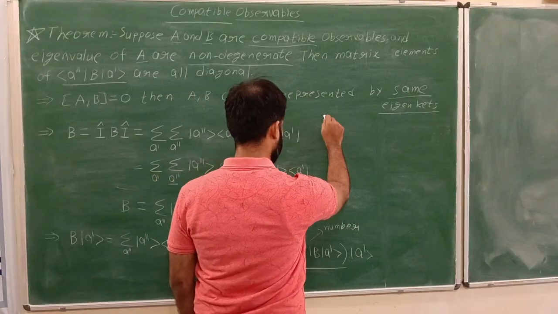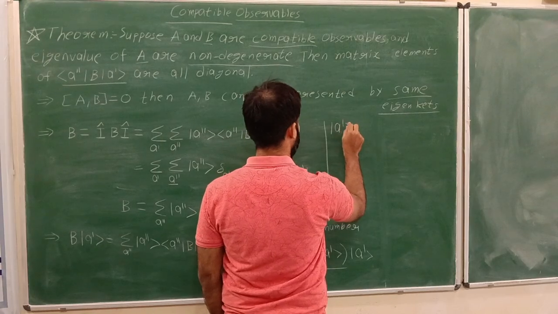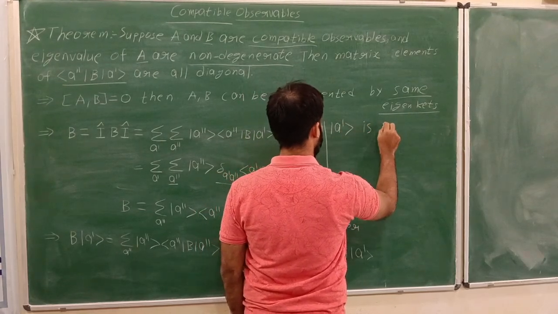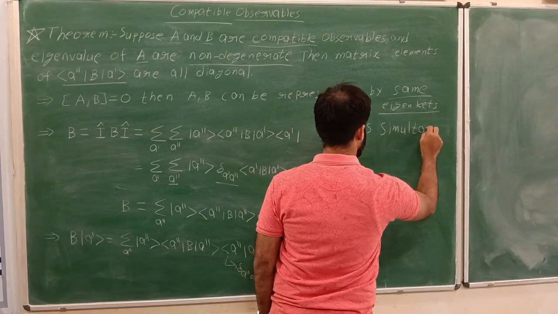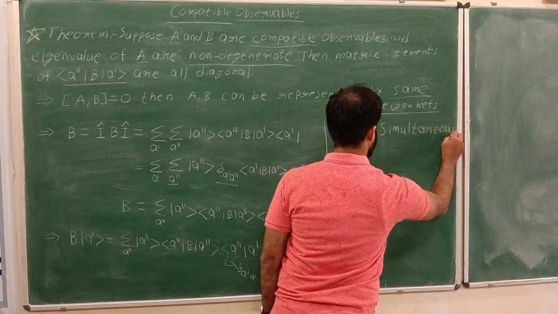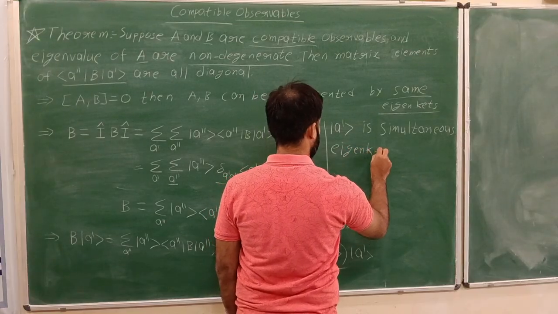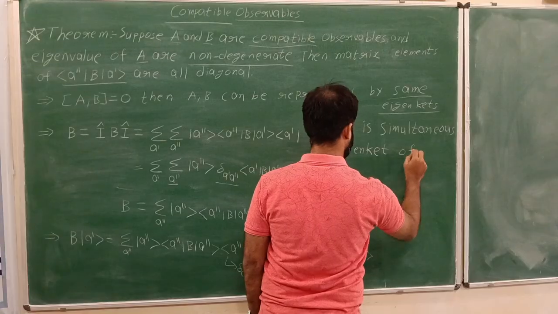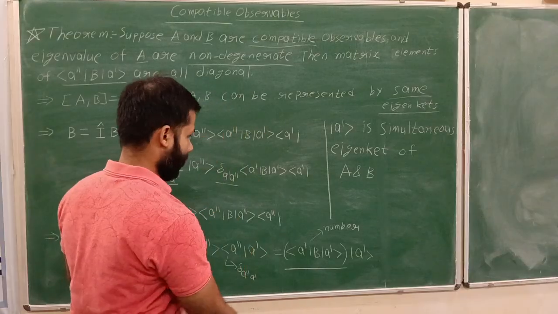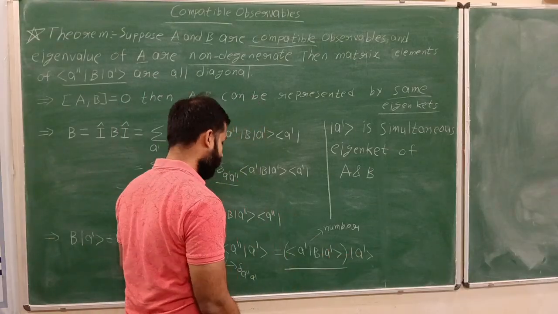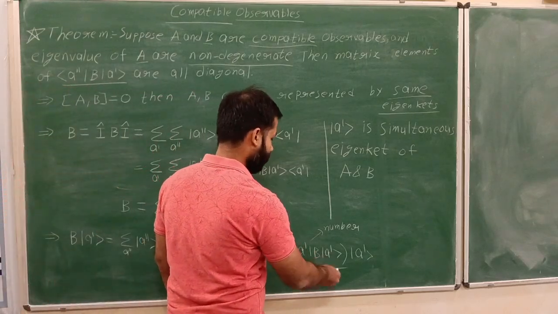So what we can say is that A primes are eigenkets of A. It turns out that B can also operate on A prime and give the same eigenvalue equation.